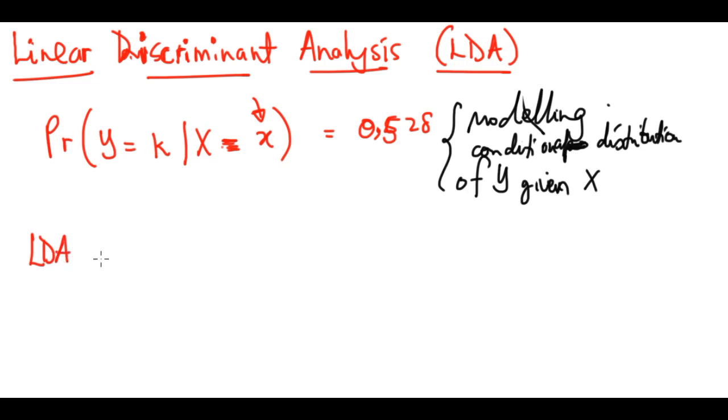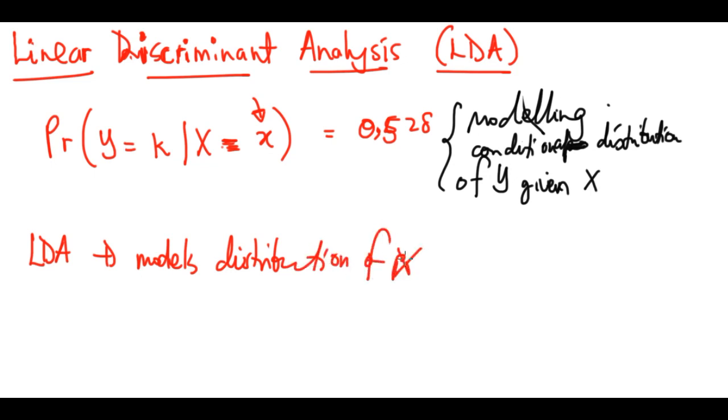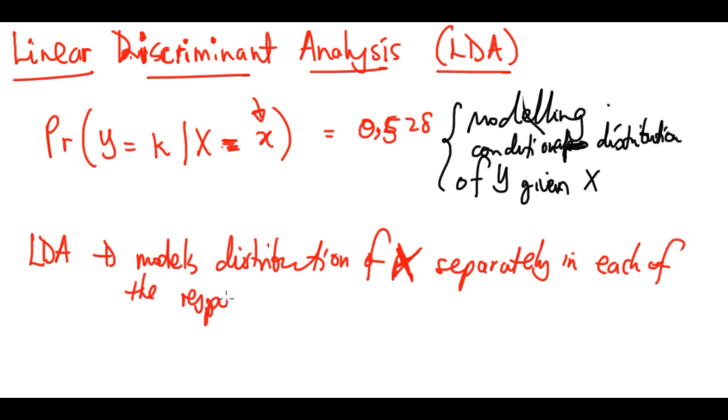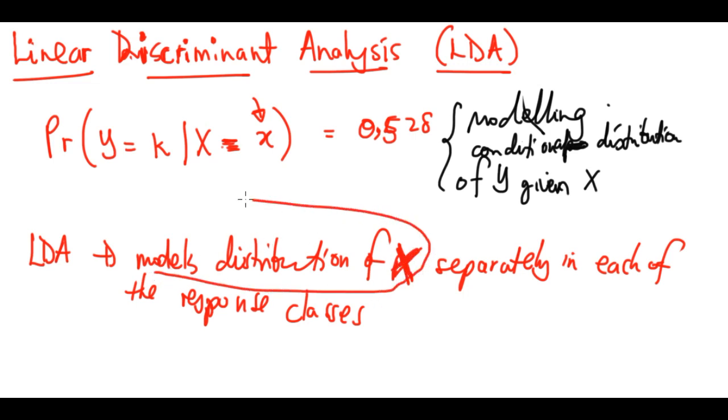LDA models the distribution of predictors, our predictors x, separately in each of the response classes. So it means we are given the classes, and then we model the distribution of the x's in each of those classes.